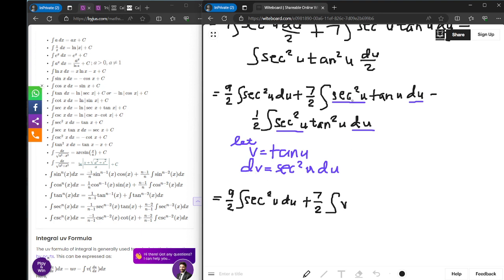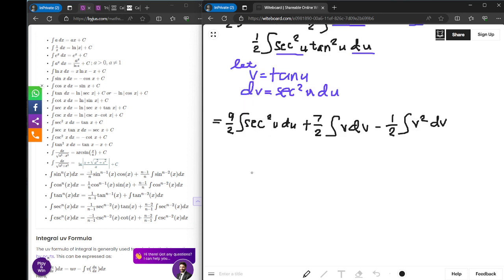Our dv is secant squared u du, so that would be dv. Then minus 1/2 times the integral of, v is our tangent u, so this is v squared. Then you have secant squared u du, which is dv. So it's much easier to solve now.